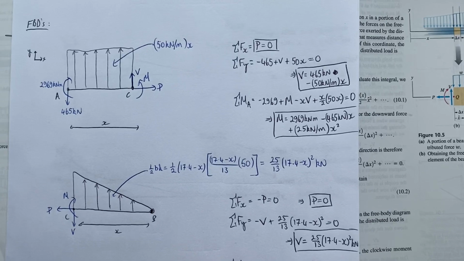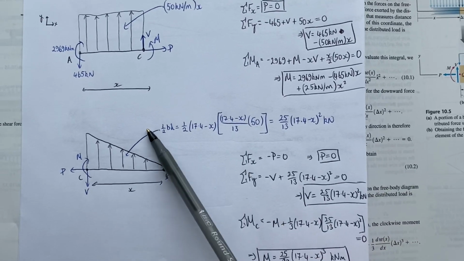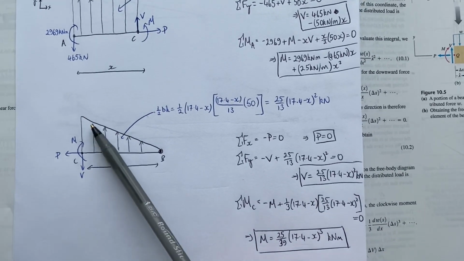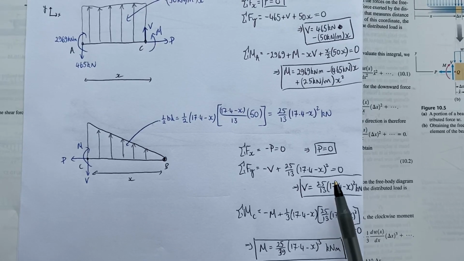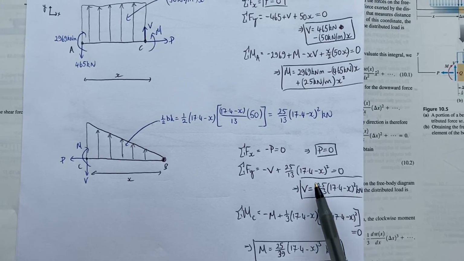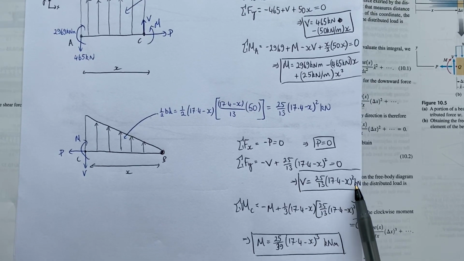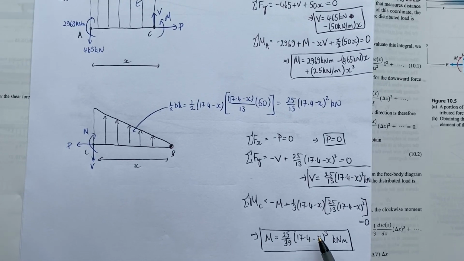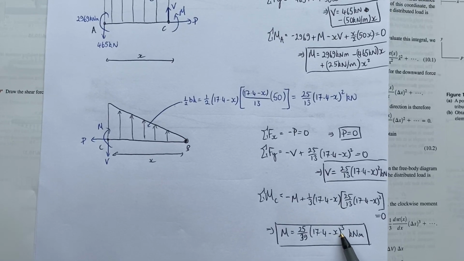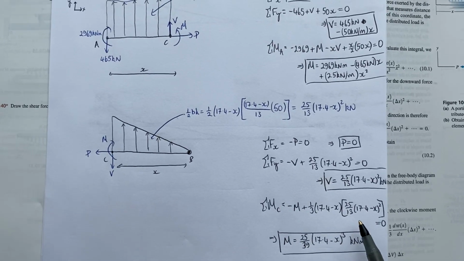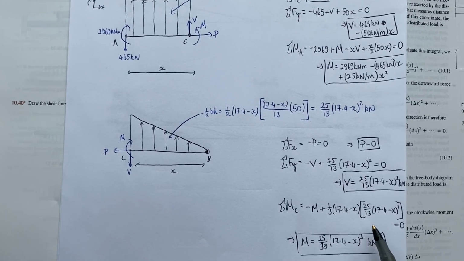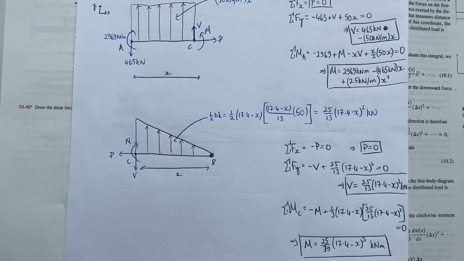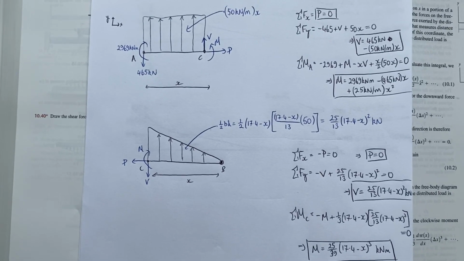But this time, in the part where we have the triangular distributed load, we have the shear force as a function of x squared, so a quadratic, and then the bending moment as a function of x cubed. So we're just going to have to draw some slightly more advanced curves for our axial force, shear force and bending moment diagrams, right?